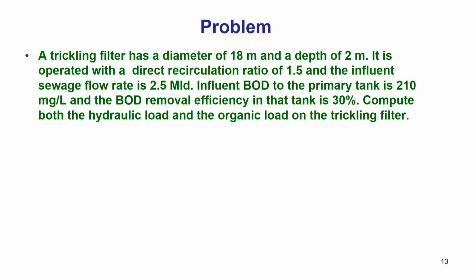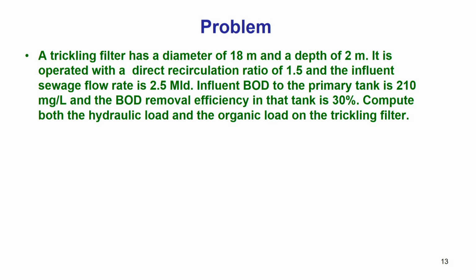Influent BOD to the primary sedimentation tank is 210 mg per liter, and it is given that in the primary sedimentation tank around 30% of BOD is removed. So we can find out how much BOD is going into the secondary tank. Compute both the hydraulic load and the organic load on the trickling filter.